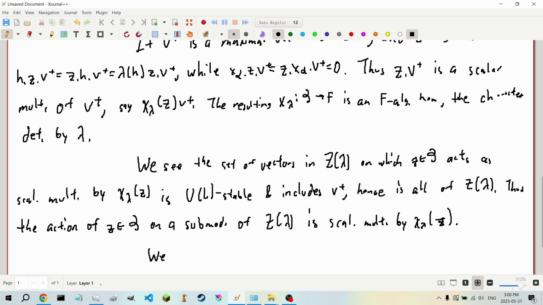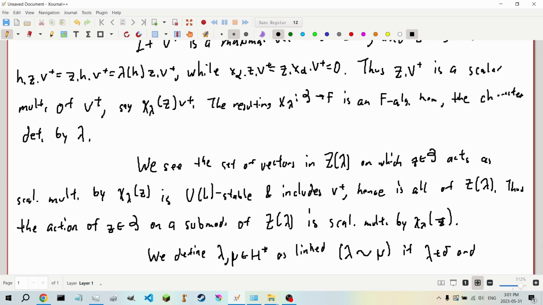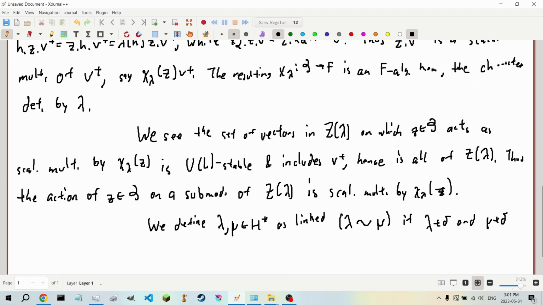So we define lambda and mu in H star to be linked, or lambda is congruent, I guess you'd call this, to mu, if lambda plus delta and mu plus delta are Weyl conjugate, for delta being the half sum of positive roots, which we've seen before.